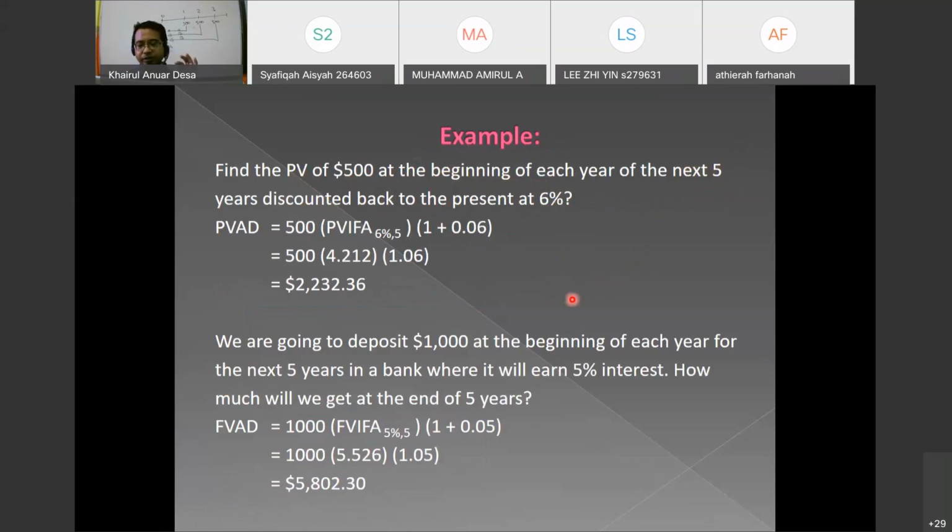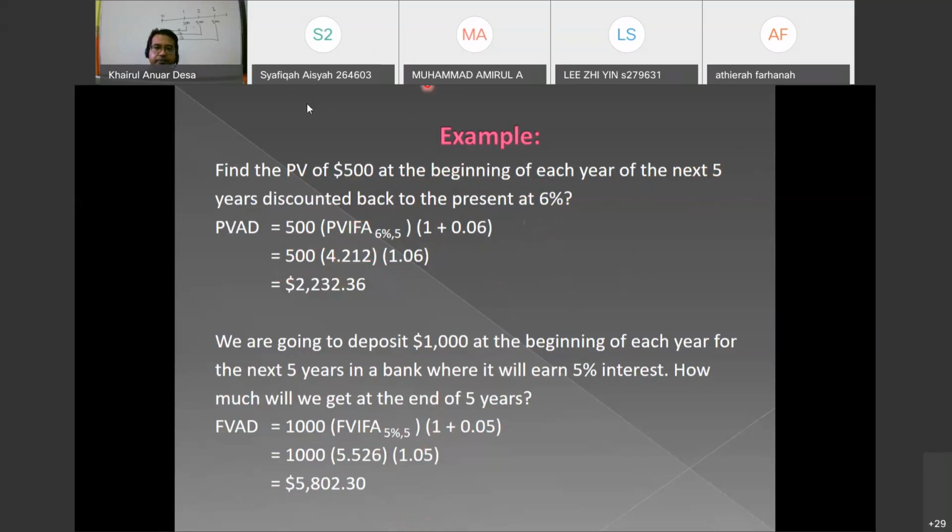So clearly this question is very straightforward. Soalan ini meminta present value annuity, present value annuity due. So this is from the table. Okay, that's 5 years, 6%.